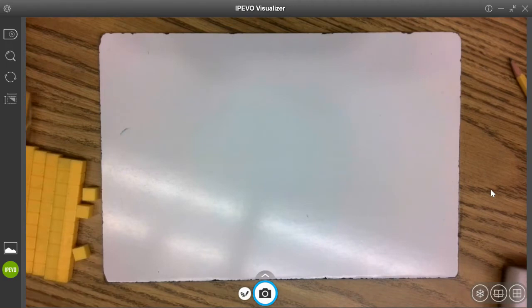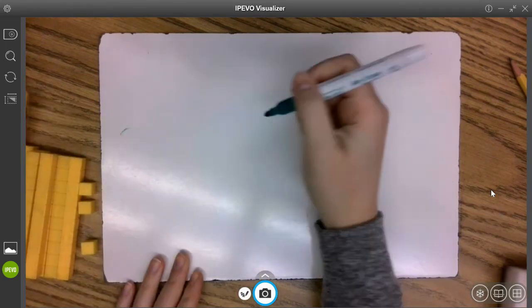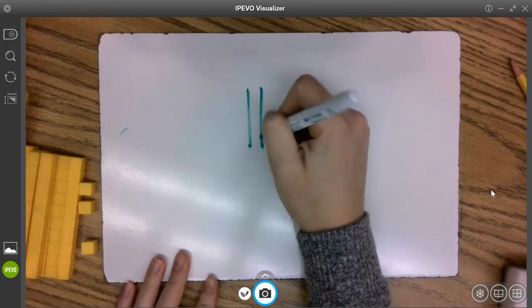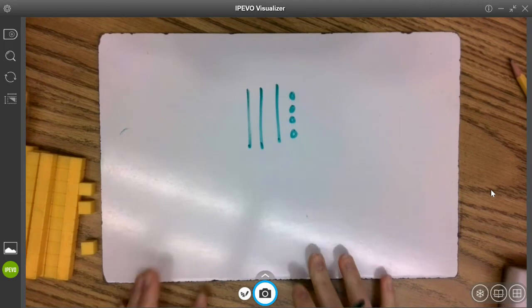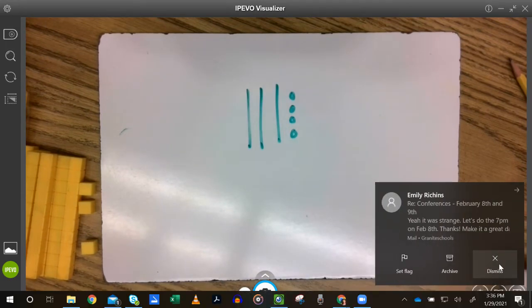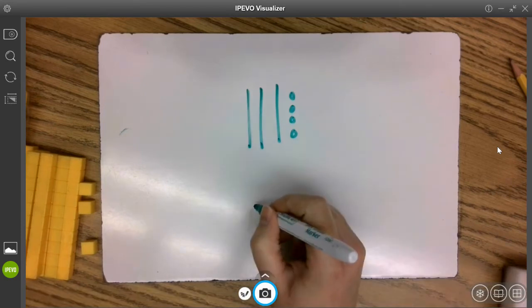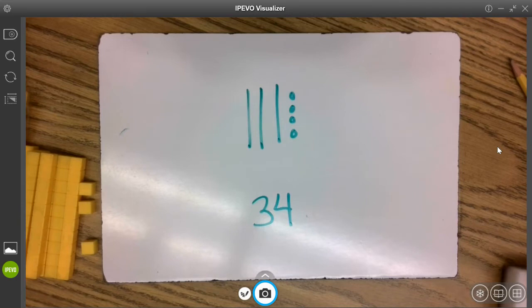Now, if I'm doing that by drawing my own models, this is how I would do it. Okay. What is the number that I have right now that I'm starting with? 34. Good. Okay, what is 10 less than 34?